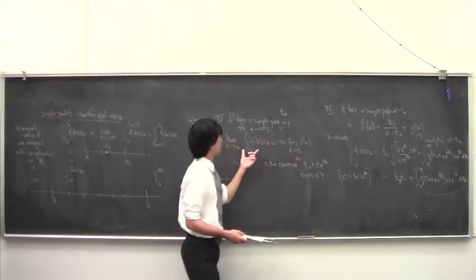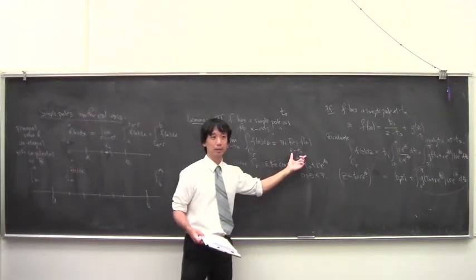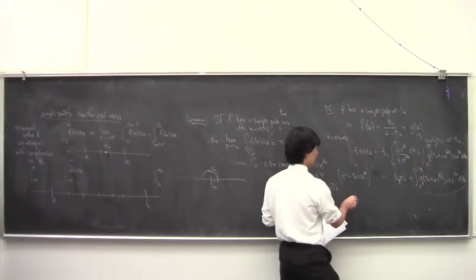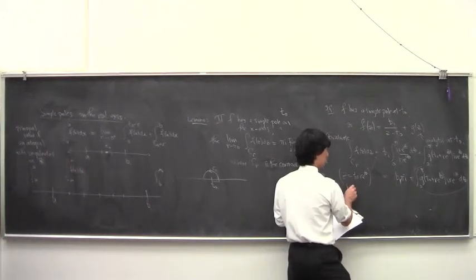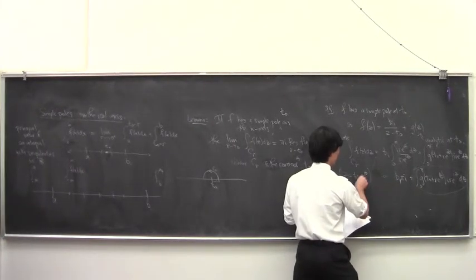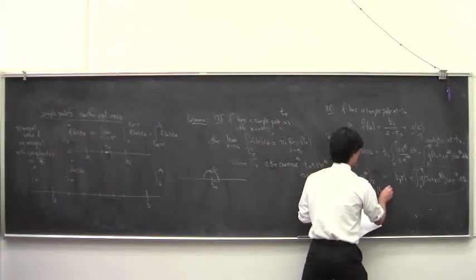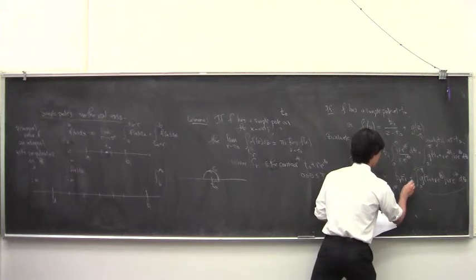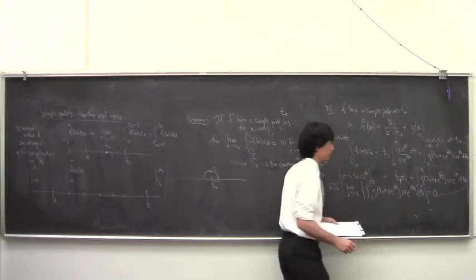And that's what we're hoping, that the limit of this integral as r goes to 0 is pi times the residue of t naught. So at this point, it suffices to show that the limit as r goes to 0 of this thing is 0.